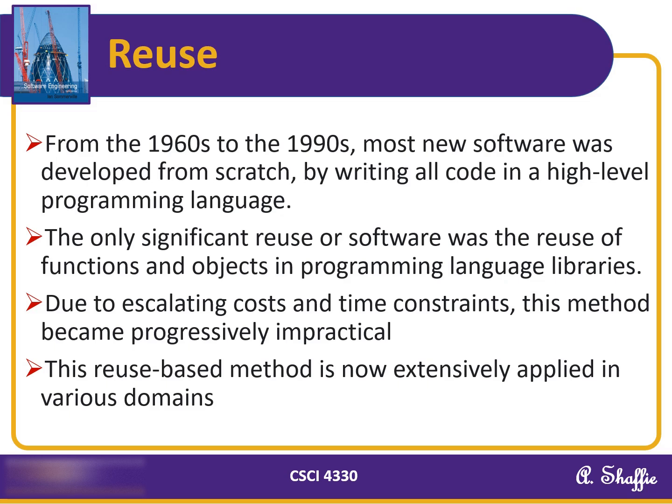To address this, modern system development shifted to a reuse-based approach, where existing software components, frameworks, or systems are used to build new applications. Today, this method is widely used across multiple domains, like web-based systems where developers use frameworks and APIs, scientific software, which often incorporates existing algorithms and libraries, and even embedded system engineering, where reusable components are becoming more common.